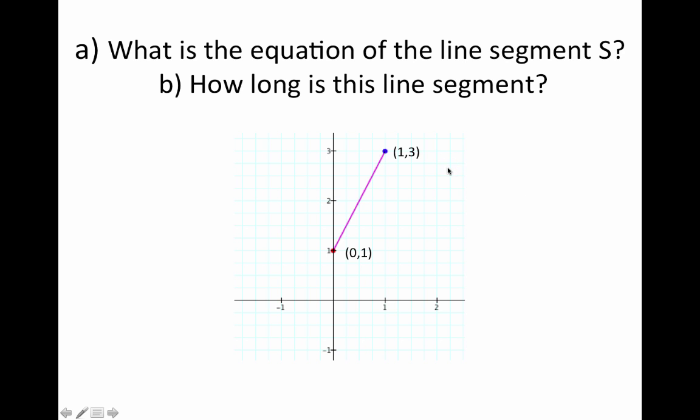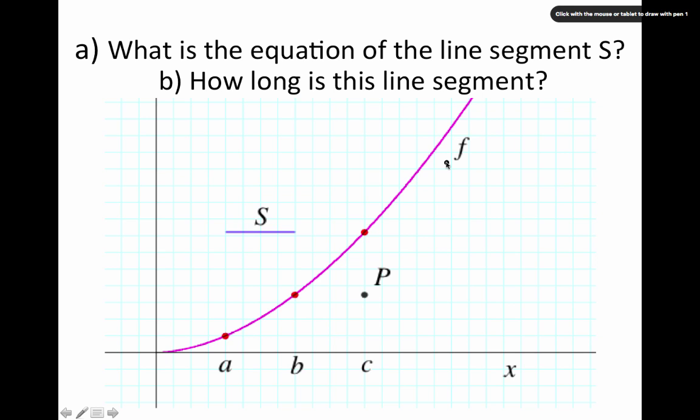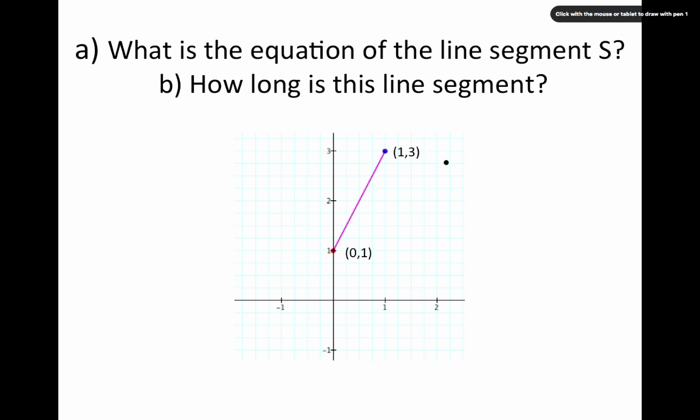So for the equation, part A, since it goes through (0, 1) and (1, 3), you can use your own information. I'm going to do it by saying, as you go from this point to any other point, what's my change in x?